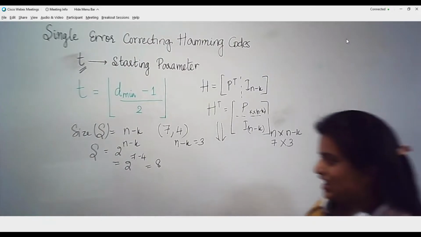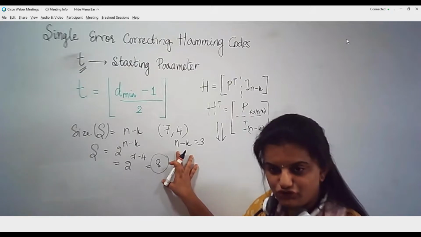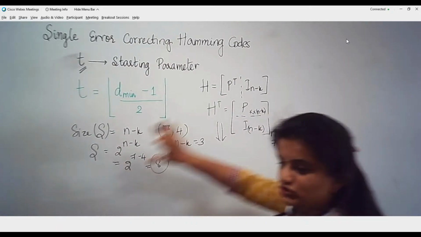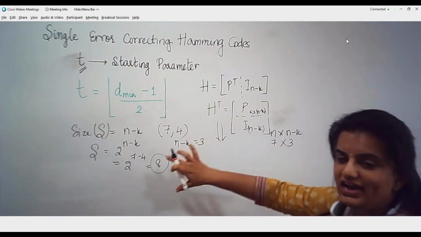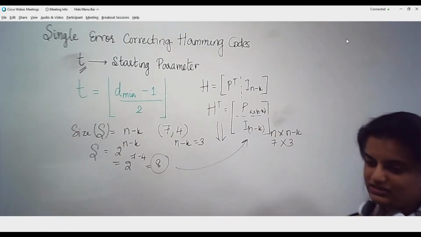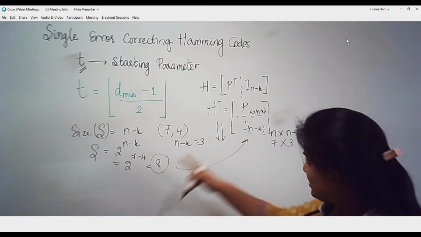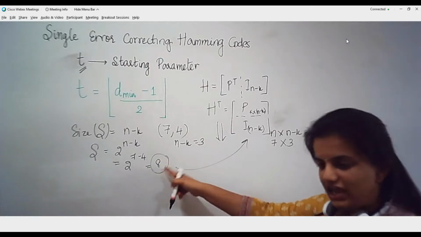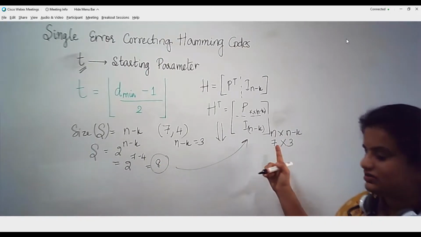So you are saying that all these syndromes should fit into this parity check matrix, so that I should be able to map the syndrome within this matrix. That is the idea of the decoding process. But if you observe here, the number of possible syndrome combinations is 8, but the number of rows available within the parity check matrix is 7.